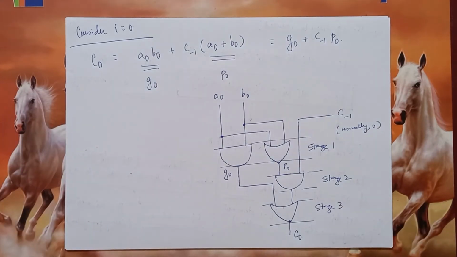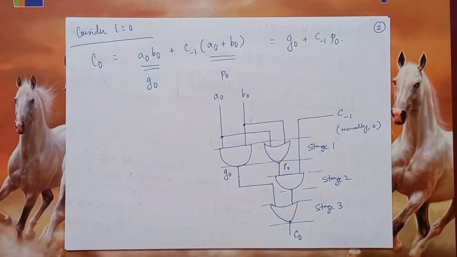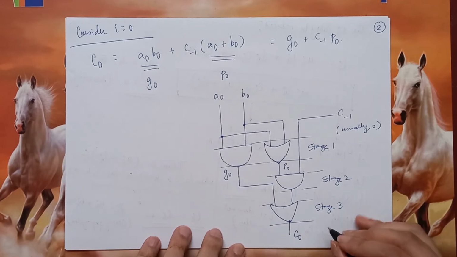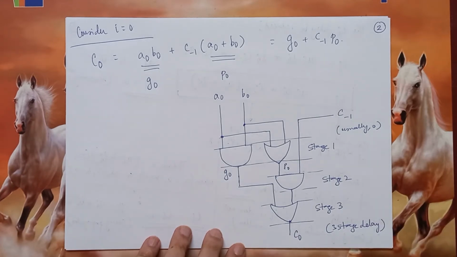Well, this seems to be worse. Earlier, in the case of the normal ripple carry adder, we saw that the carry of each stage, or each full adder, had a 2-stage delay. But now we have a 3-stage delay. So this seems to be worse.